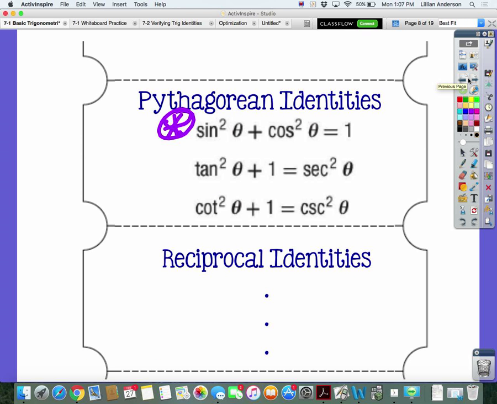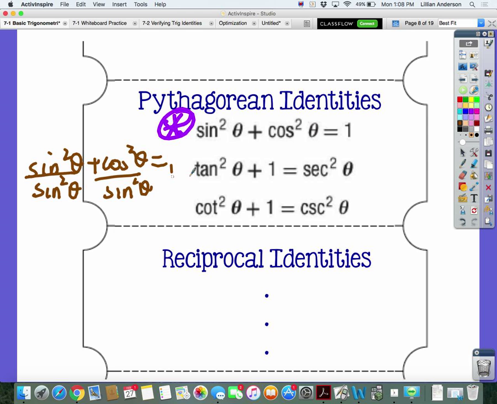So the other two come about by doing a little bit of algebraic manipulation. If I take the very first identity, sine squared theta plus cosine squared theta equals 1, and I divide every single term by sine squared, sine squared divided by sine squared is a 1.